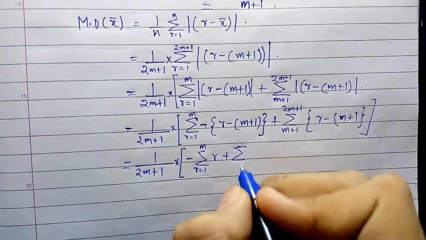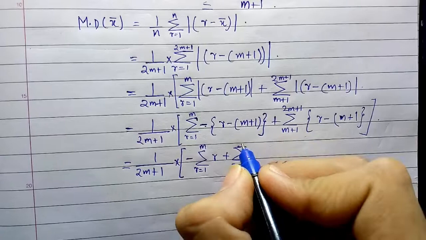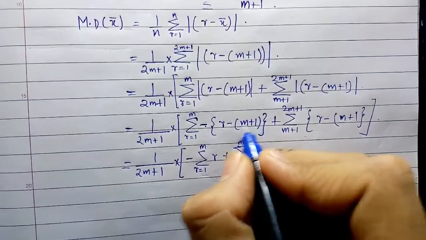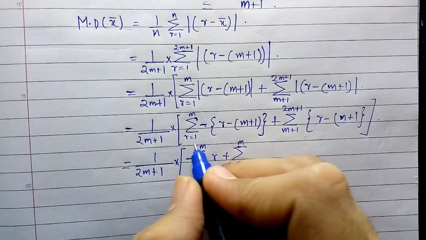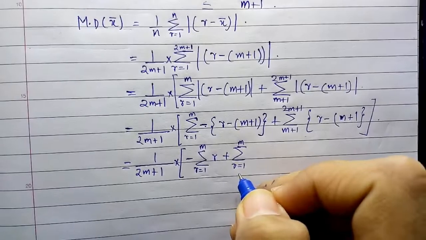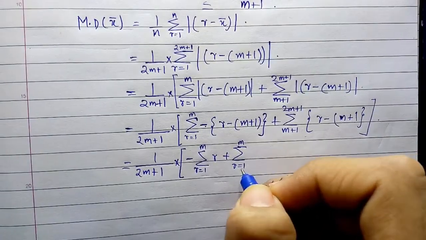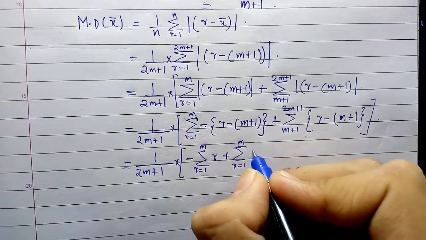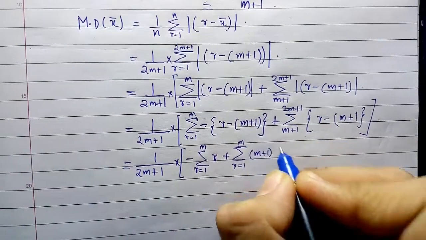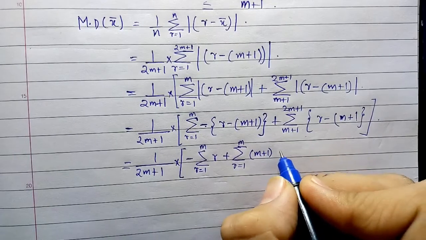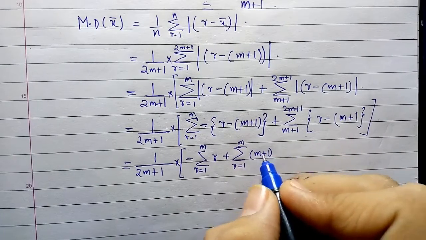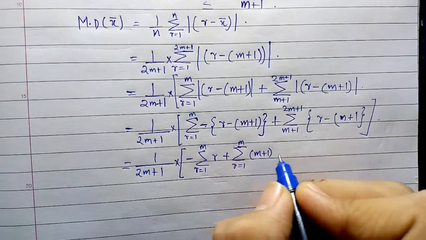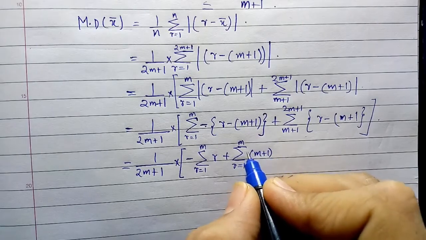You must notice in this step that this is a constant quantity. We are only manipulating with r's, and we have no r's in this term of sigma. So m plus 1 is here a constant. We are not going to add any manipulation in this. So what we are left with is 1, invisible 1.